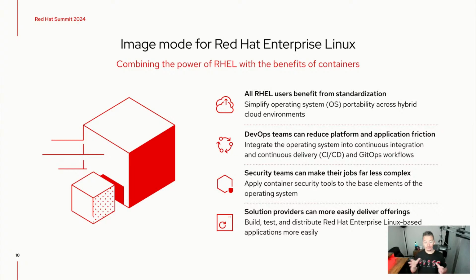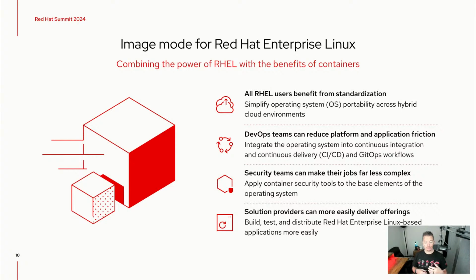And so you take a full RHEL installation, not like UBI, not like a stripped down version of RHEL, but basically RHEL minimal, and stick it into a container. And because it's got all the hardware drivers, because it's a full blown implementation of RHEL, it is a bootable container.